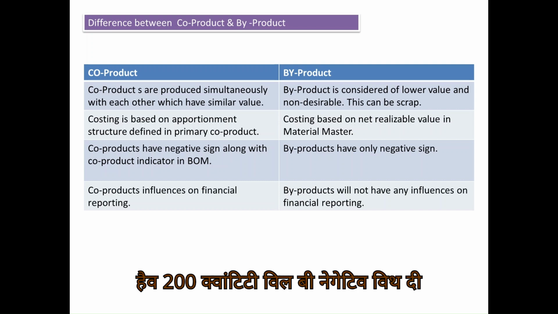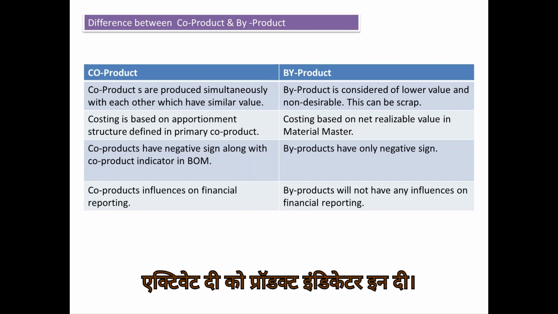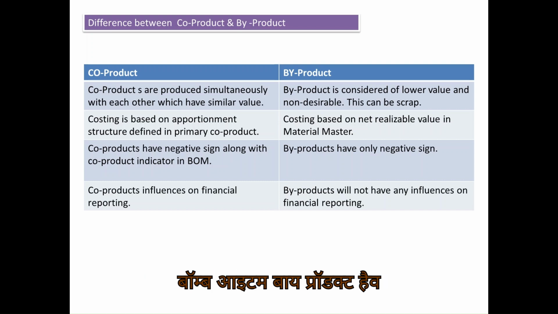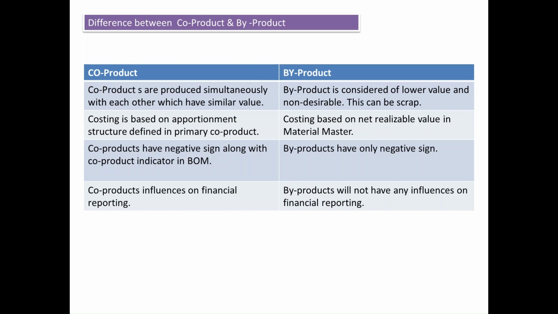The quantity will be negative with the negative sign, and we also have to activate the co-product indicator in the BOM item. A byproduct has only the negative sign. Okay, even in the material master you have to activate it as a co-product.